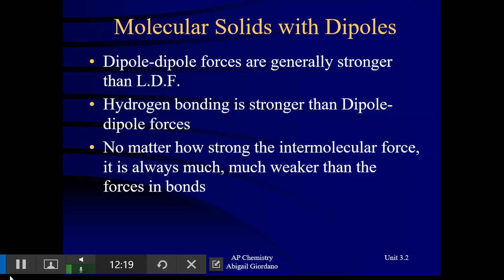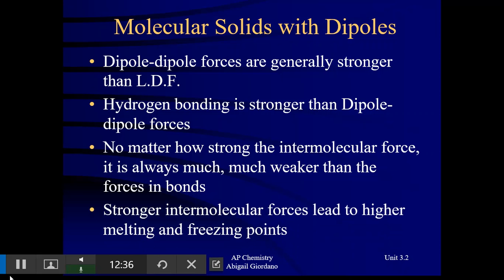Remember the difference between intermolecular and intramolecular? Intra means a covalent bond. That's strong. But the forces between molecules are not nearly as strong.